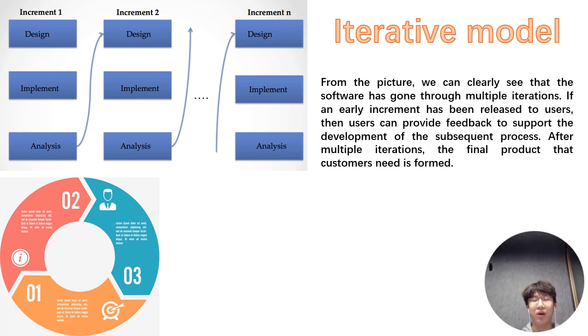As I mentioned before, the waterfall model is not easy for us to adapt to market change, but for the iterative incremental model, the situation changed. It is ideal for projects that require quick response to market needs and changes, allowing the faster release of a usable version.